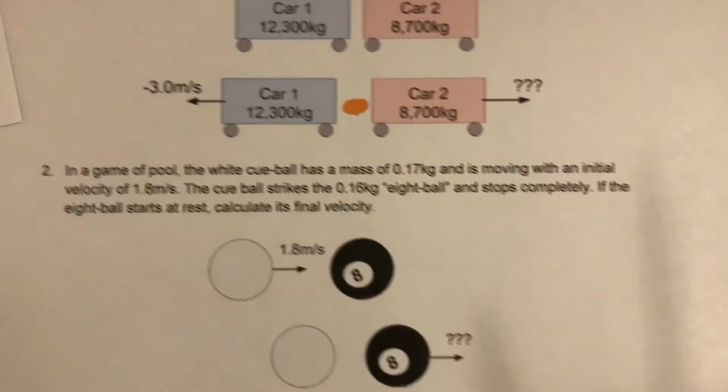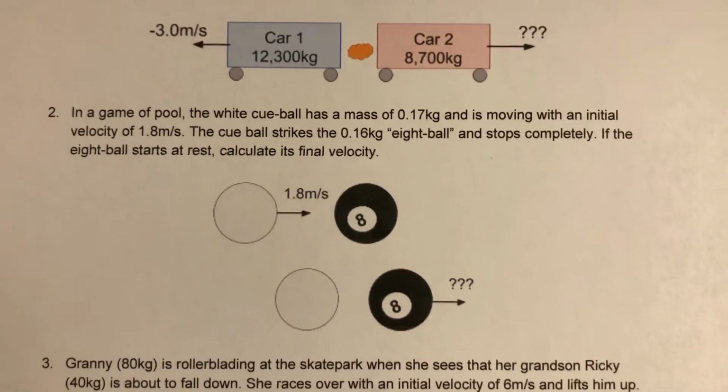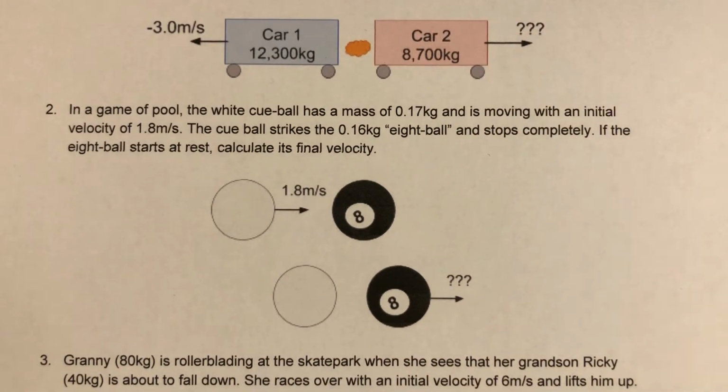Number 2, in a game of pool, the white cue ball has a mass of 0.17 kilograms and is moving with an initial velocity of 1.8 meters per second. The cue ball strikes the 0.16 kilogram 8 ball and stops completely. If the 8 ball starts at rest, calculate its final velocity.